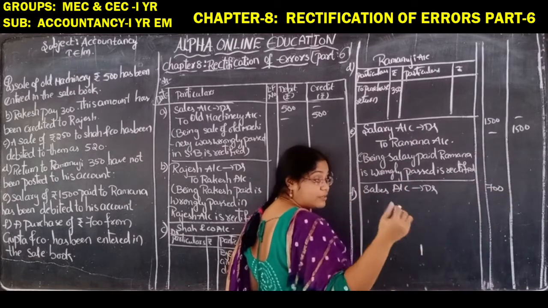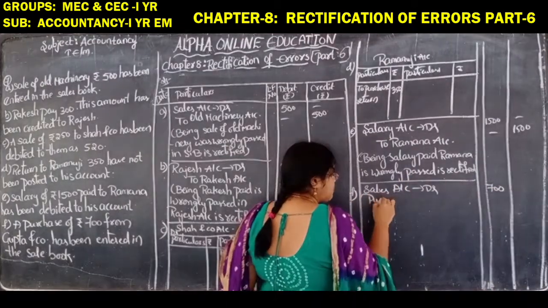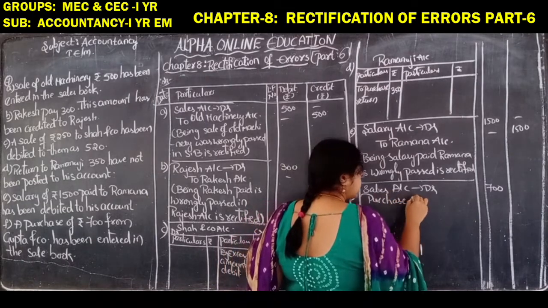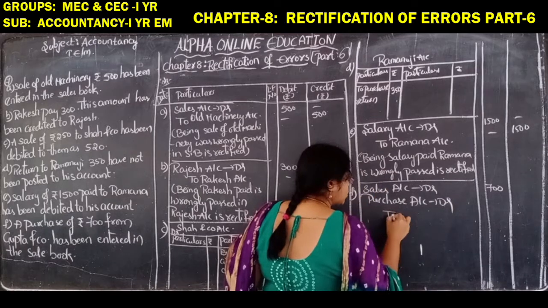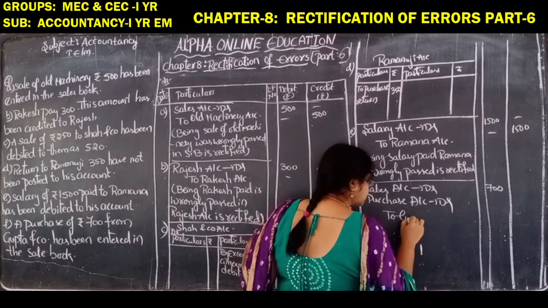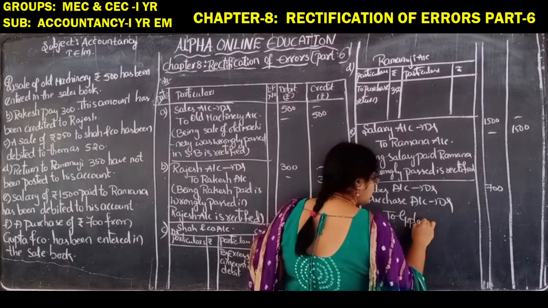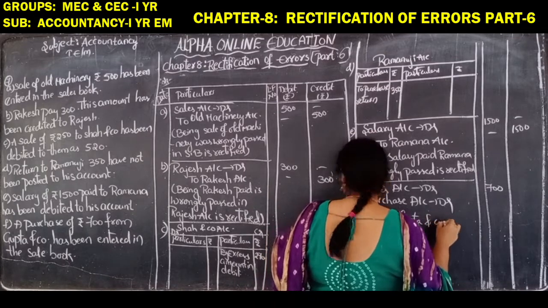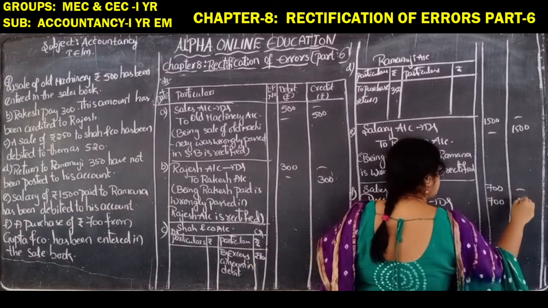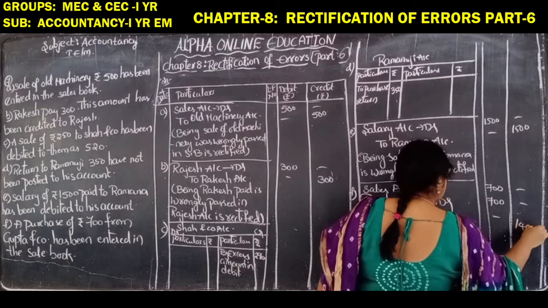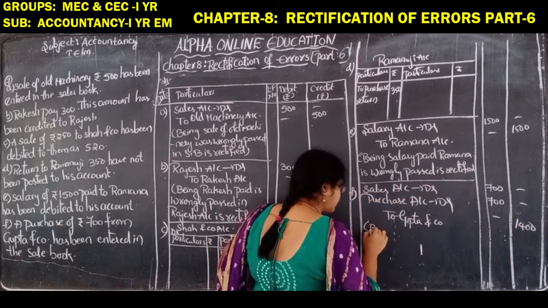Next, what is the real entry, original entry? Purchase account debtor. Yes, we are purchasing from Gupta. So, to Gupta and Co account. So, this is also 700. Totally 1400. Write down the narration.